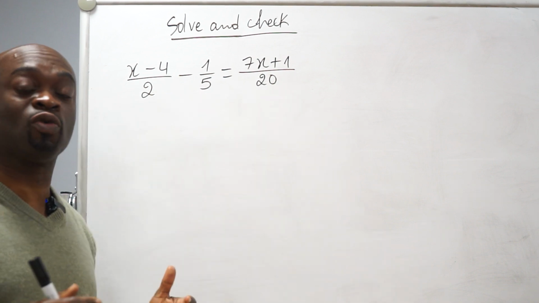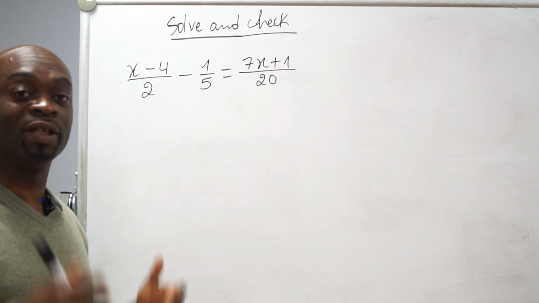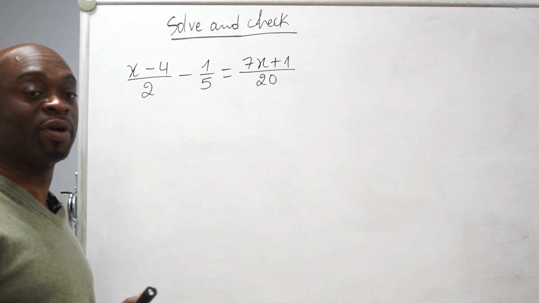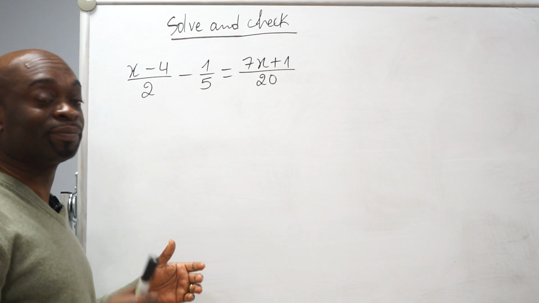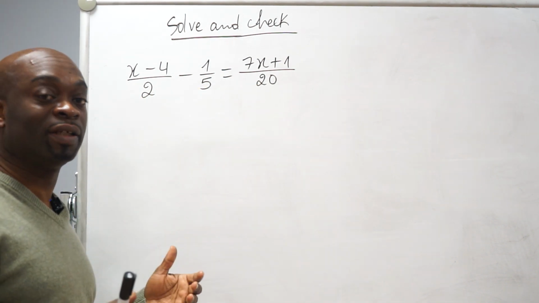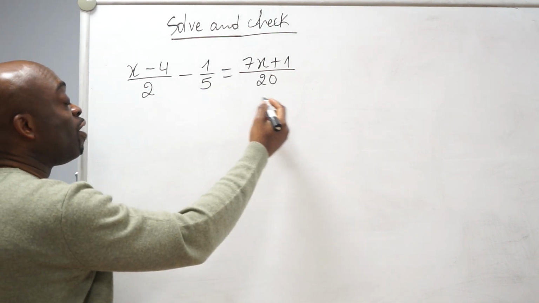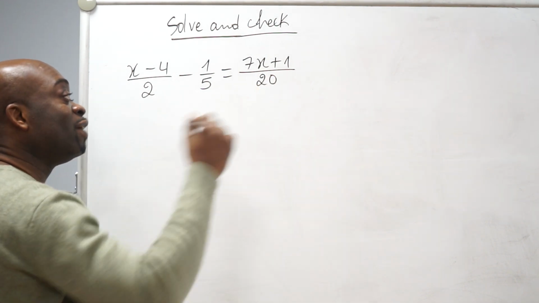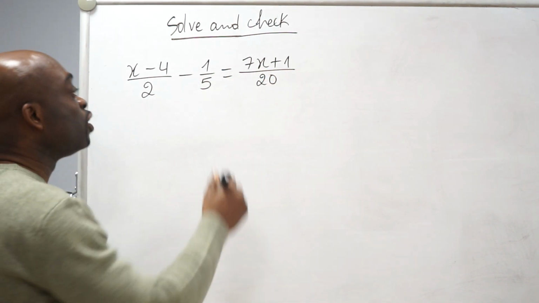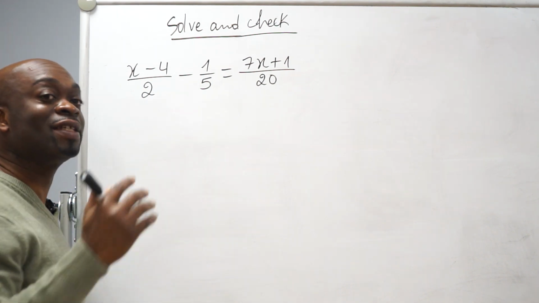You guys can go back to our previous videos where we solved a lot of questions on lowest common denominator. That's the lowest number that can divide all these numbers at the denominators evenly. So in this case, you can see it is 20. Why? Because 20 can divide itself one time, 20 can divide 5 four times, and 20 can divide 2 ten times.